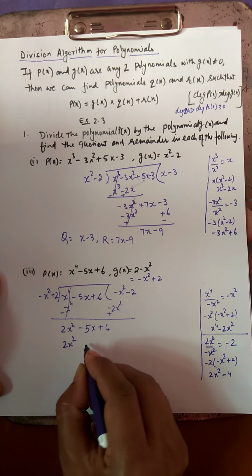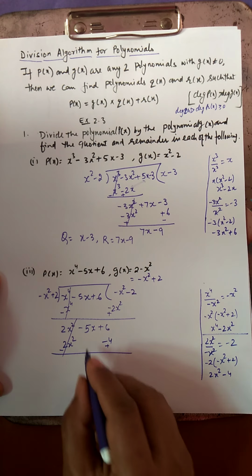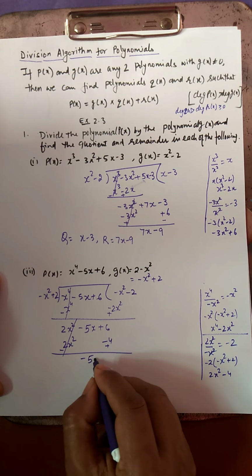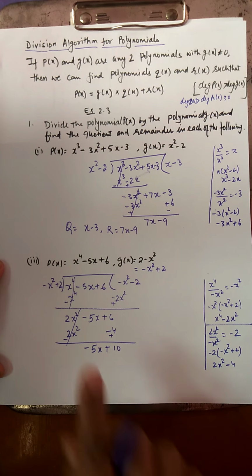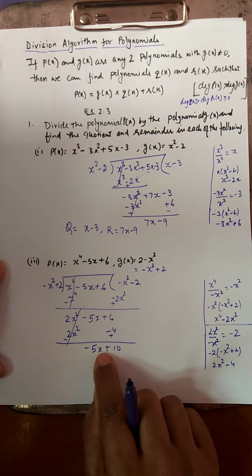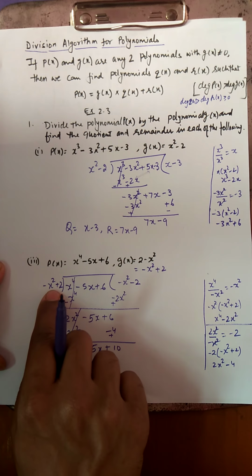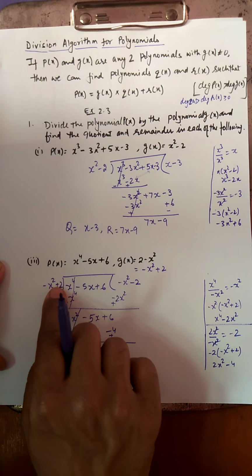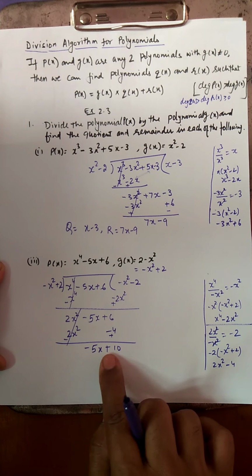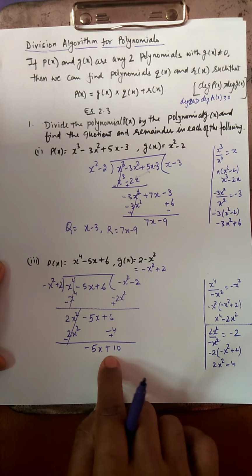So this is minus, this is plus. Now this got cancelled. This is minus 5x and this is plus 10. Now you have to stop here, because the degree of this remainder is 1 and the degree of this divisor is 2. So now the degree of the remainder is less than the degree of the divisor. So it means that the remainder will be this only.